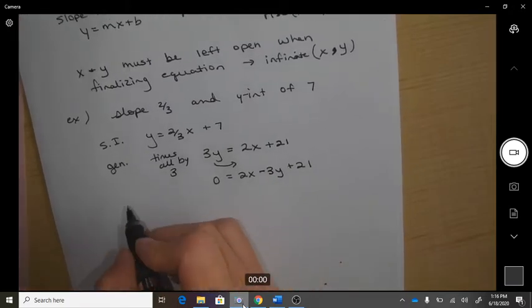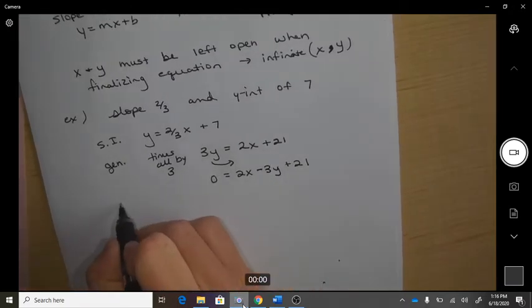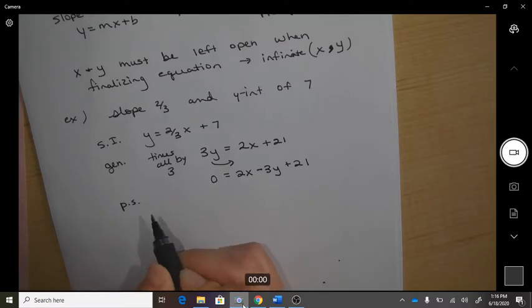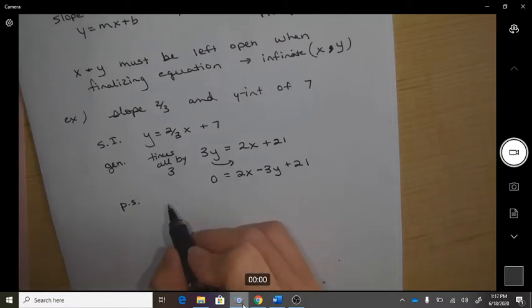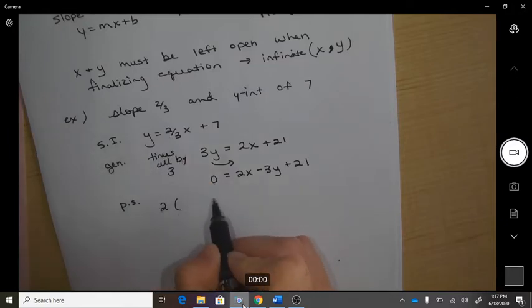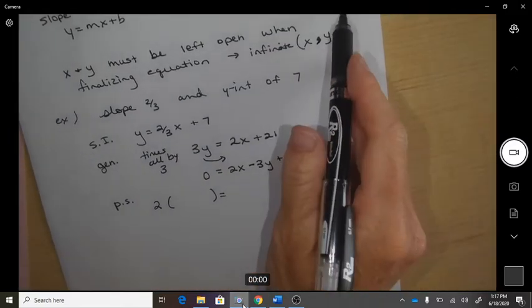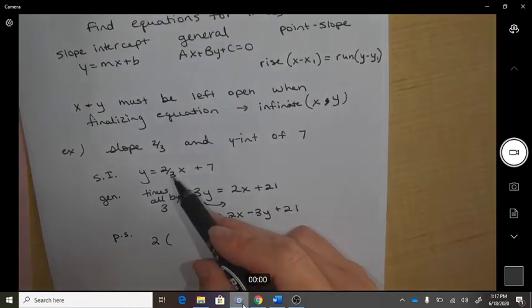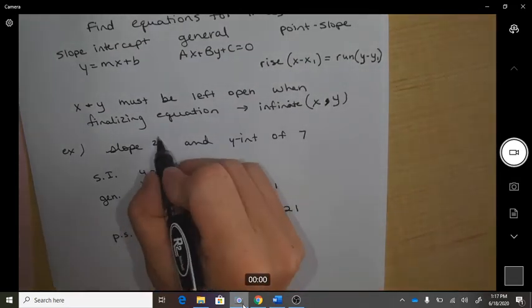Okay, and if I had asked you for point slope form, so your rise would be 2, and your run would be 3, so that's for my slope.